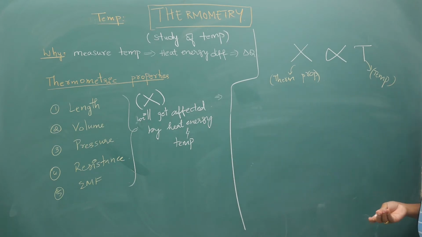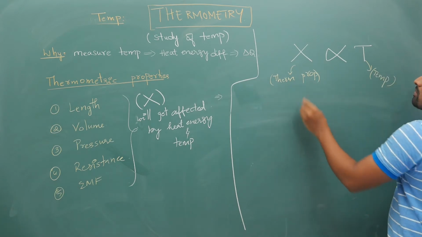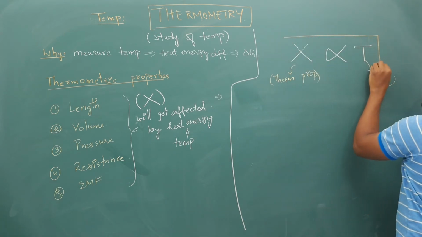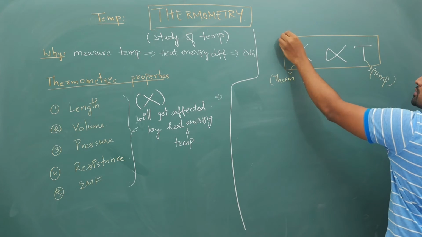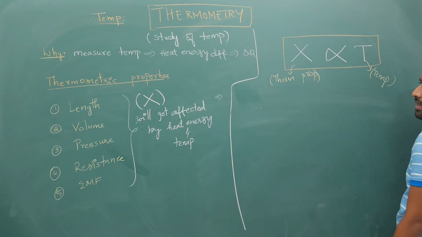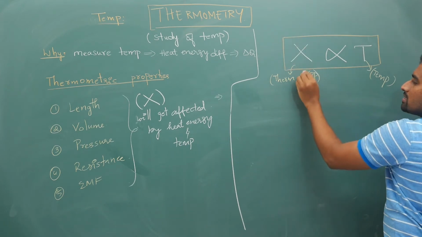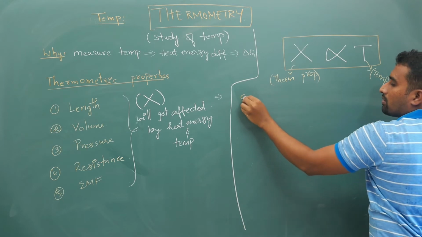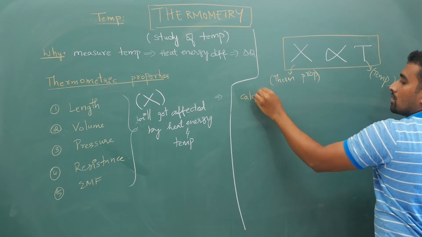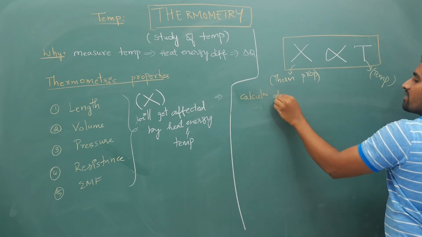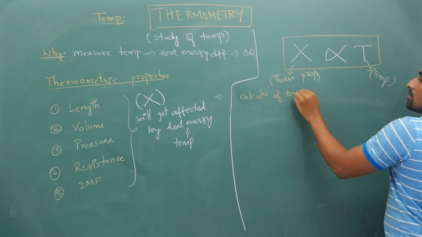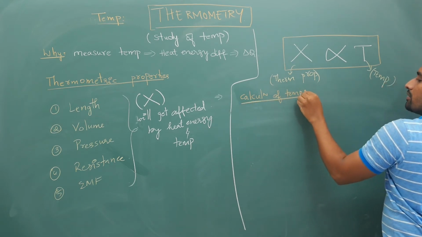Now how will we actually measure the temperature? Based on this property, all our scales are based on linear variation. So what is this linear variation and how to calculate temperature? Calculation of temperature is what we are doing now.